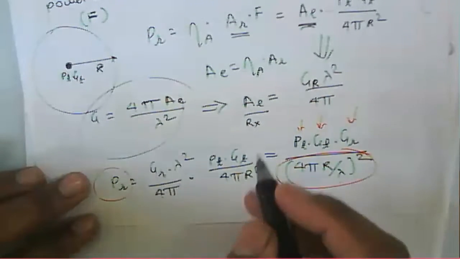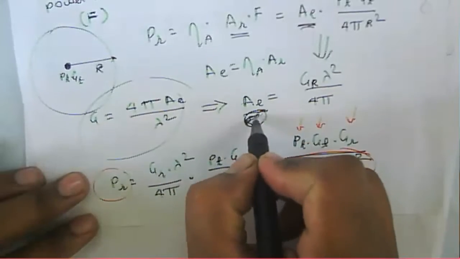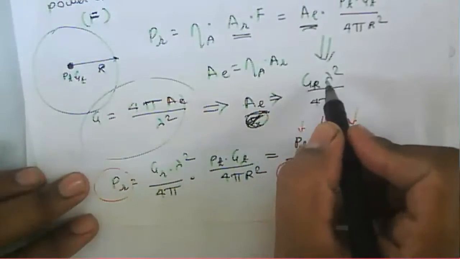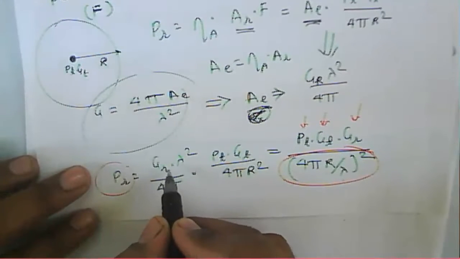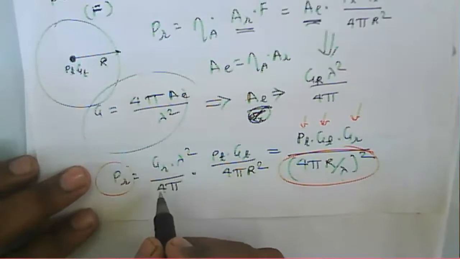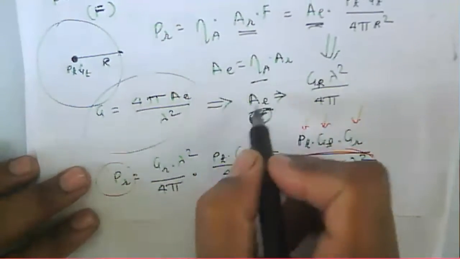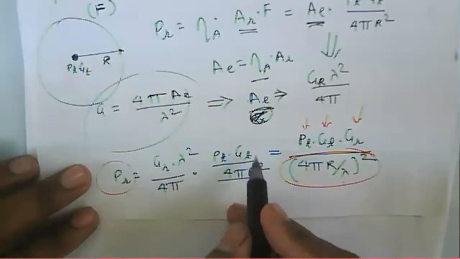So this is the factor we have obtained: the effective area A is equal to the received antenna gain times lambda square by 4 pi. This one is the term for effective area, and this term is the flux power density.